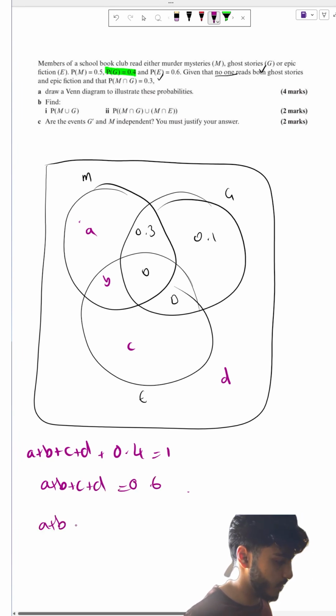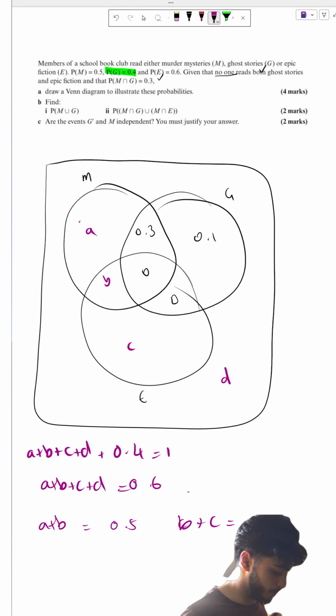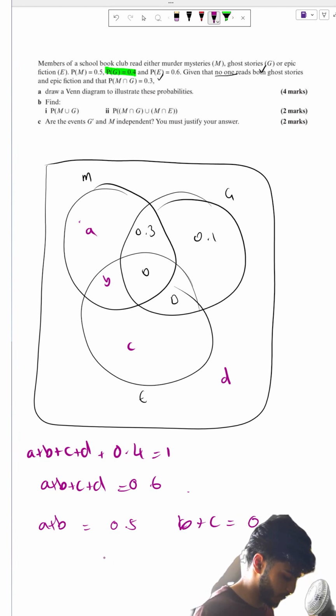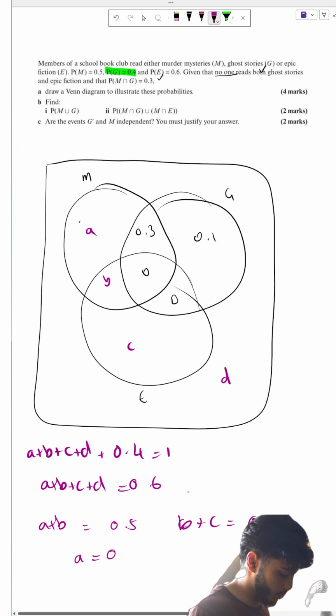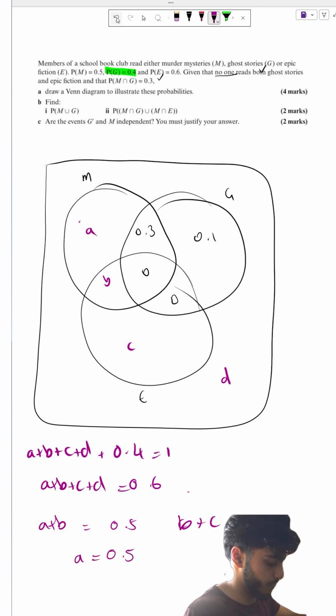A plus B is equal to 0.5. B plus C is equal to 0.4. If I add them together, A equals 0.5. Nope.